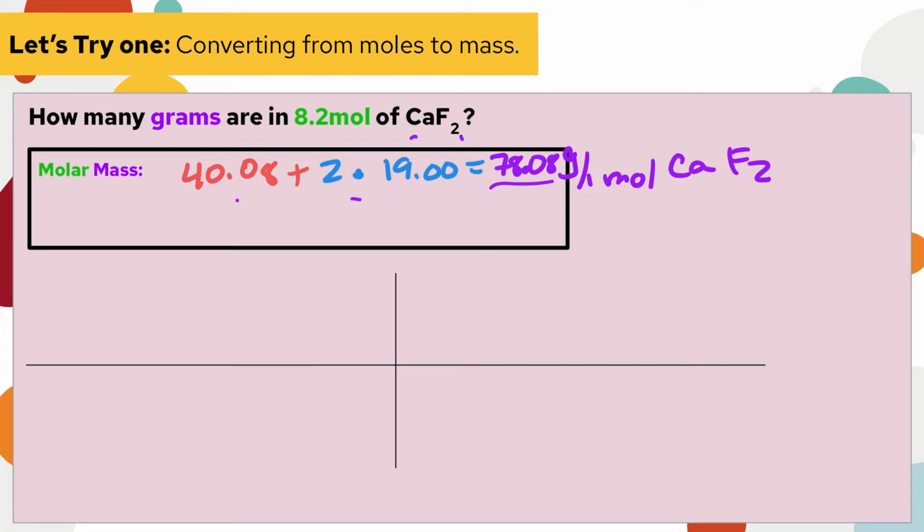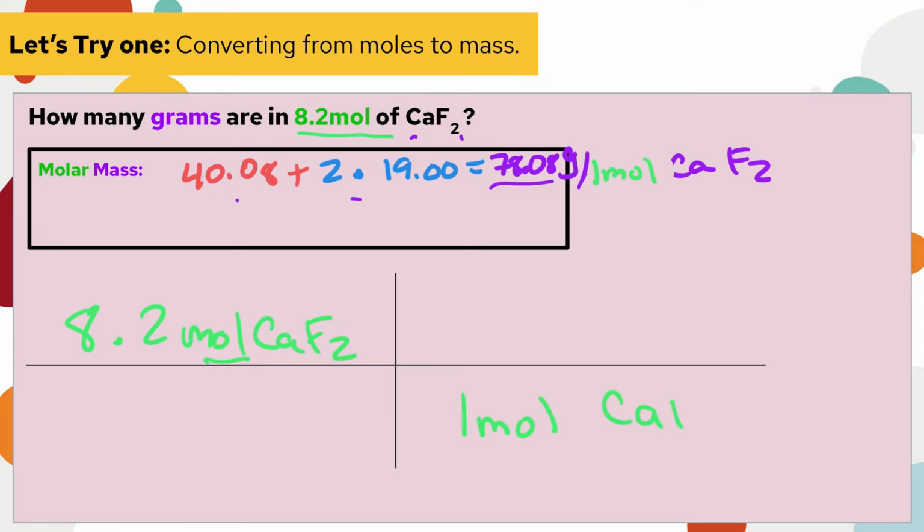So then what are we starting with? We started with 8.2 mole CaF2. So the conversion factor that we need to use, if we're starting with moles out here, we want to put 1 mole of CaF2 on the bottom, and we will put the 78.08 grams part of our conversion factor on the top.